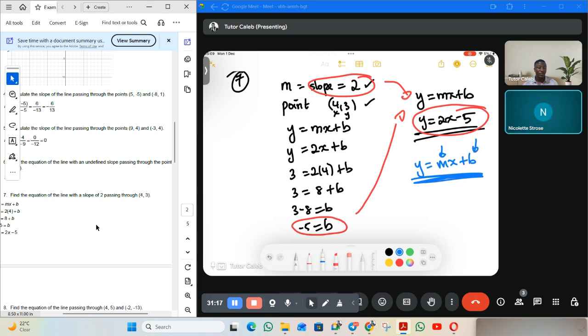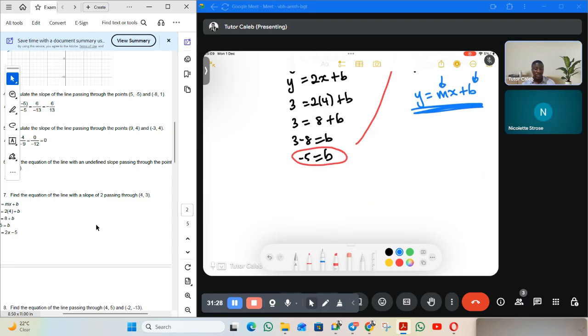Okay. I think if I practice it, I might understand. Now, I'll give you an example to practice right now.